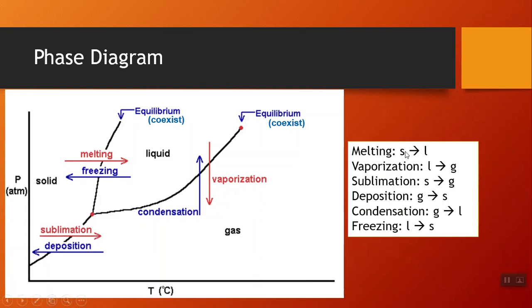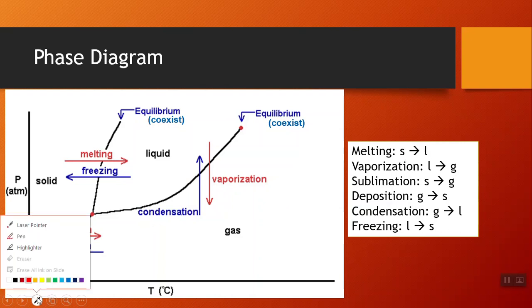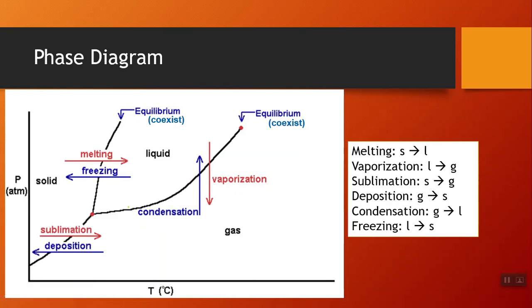And it shows you what state it's at and where it's going to. Okay. So if we were to look at this graph and look at a couple examples, if a substance is at this point right here, okay, what variable could I change in order for this substance to melt?